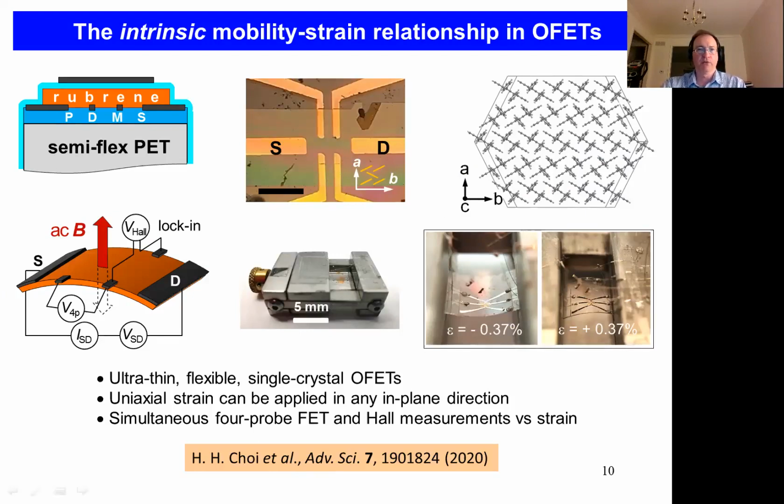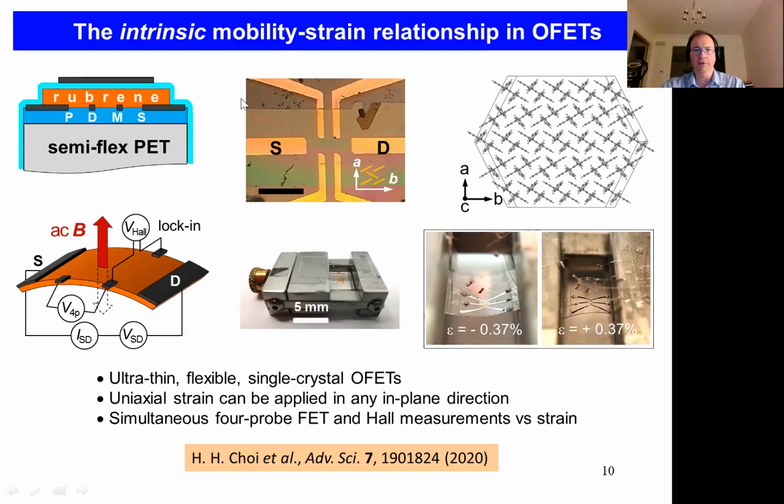So to do these measurements, we have fabricated flexible organic single crystalline devices based on ultra-thin rubrene single crystals laminated on flexible substrates with contacts. Then we coat these samples with a layer of parylene, shown here in bright blue, and they are topped with the gate.